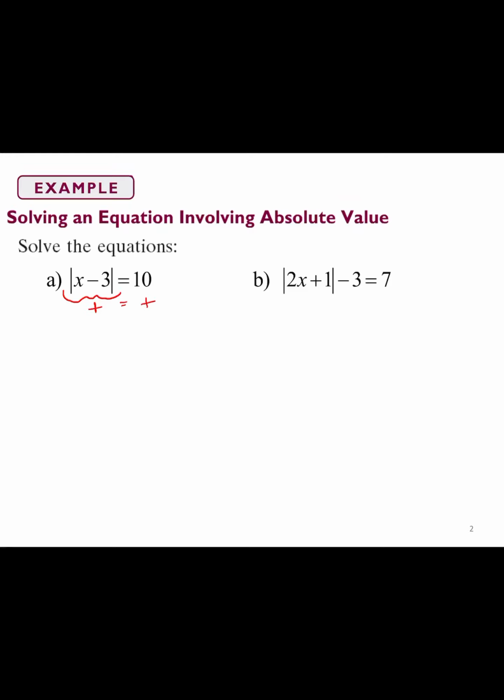And then we have equal to a number that is positive. That tells us immediately, yes, we can do this problem. If we have agreeing signs there, or signs that are in respect to the symbol that's separating the absolute value and everything else, then make sure it makes sense and proceed with what we wrote before.